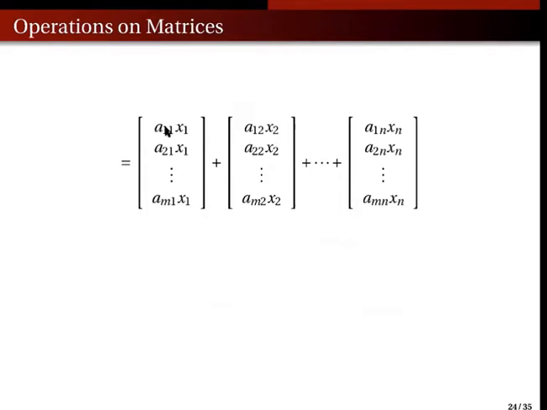Notice, you have column vector, column vector, column vector. They all have the same number of entries, so you are just adding matrices, correct? And when adding matrices, you must have the same size, and you just add entry-wise. So in here, you have A11 x1 plus A12 x2 plus until A1n xn, and on the second entries, A21 x1 plus A22 x2 plus until A2n xn.